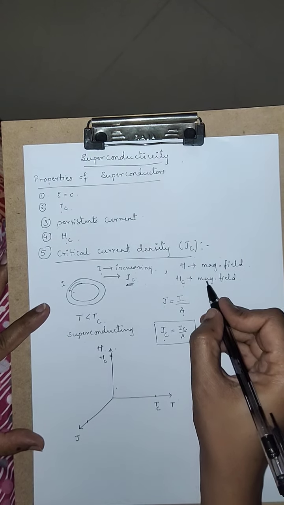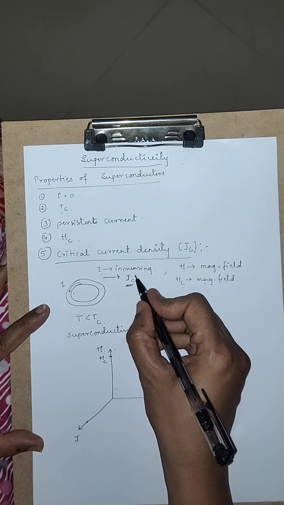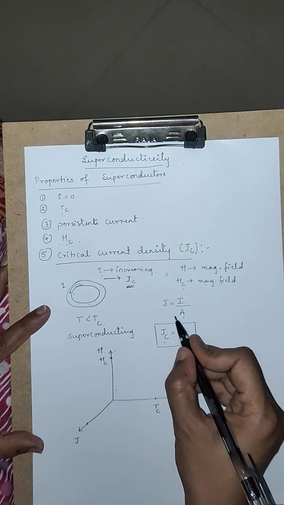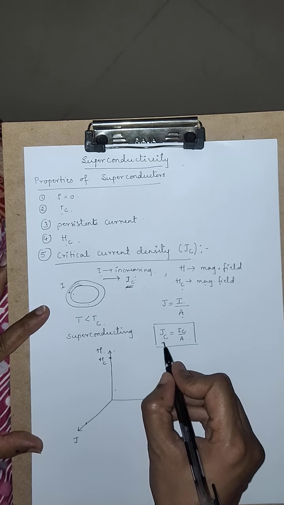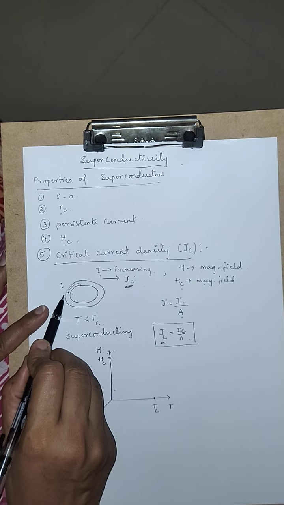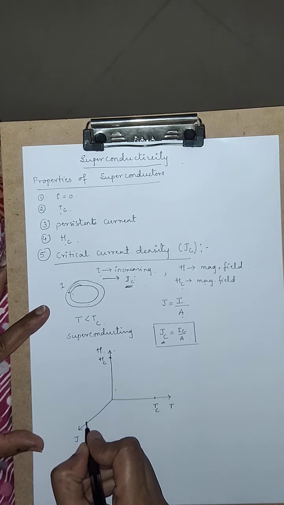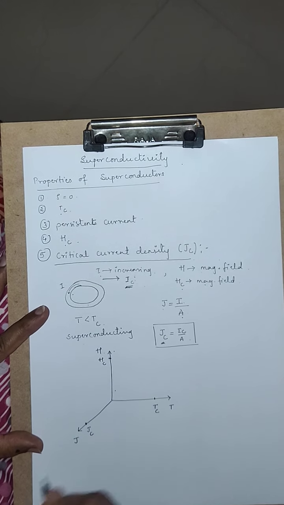Similarly, due to the magnetic field produced by the current in your superconducting ring, it gives rise to a critical current density, beyond which, if the current through the ring exceeds, the material is going to behave as a normal material. So this corresponds to JC.